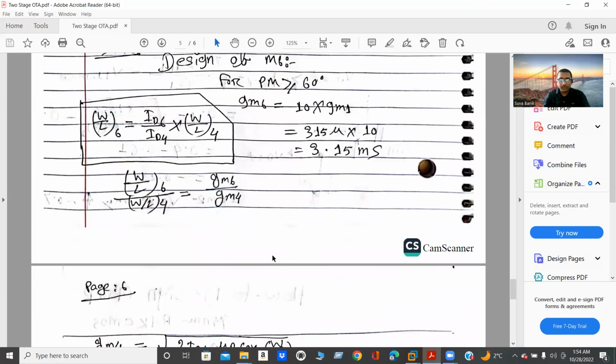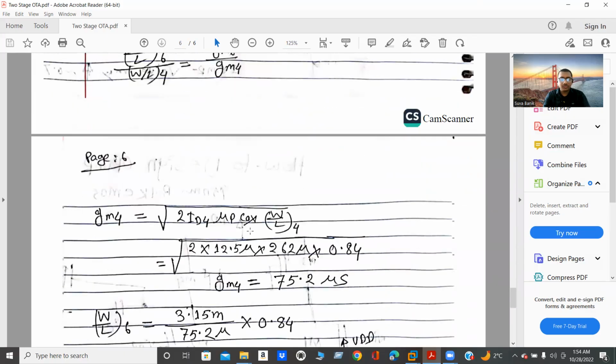And as I told you, this PMOS are in a current meter configuration. Therefore, these formulas are also true. W by L6, W by L4 equals to ID6 divided by ID4, as well as it also related to the GM ratio.